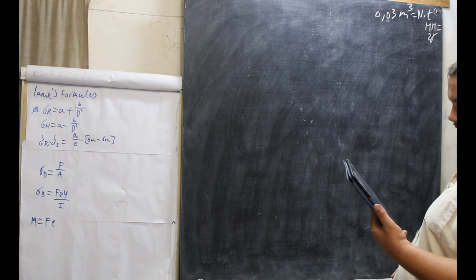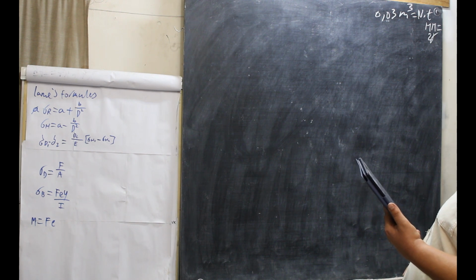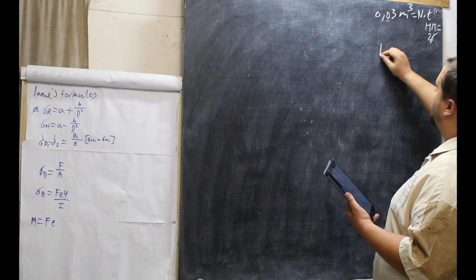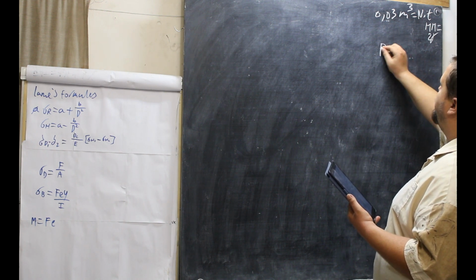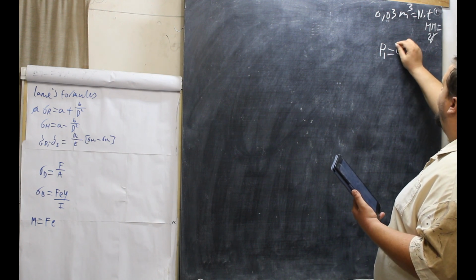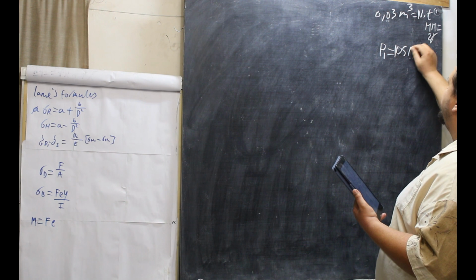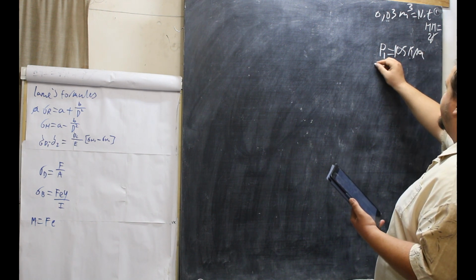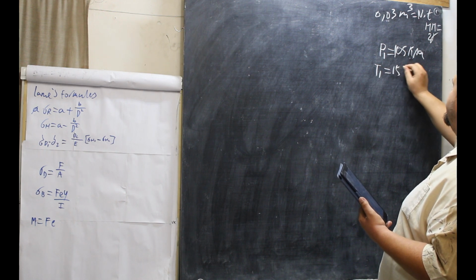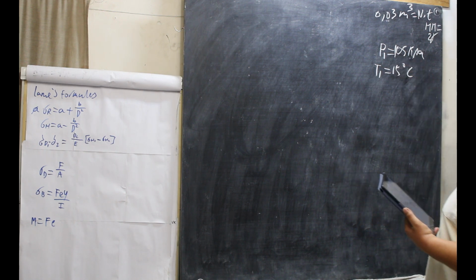Contained in a cylinder behind a piston is initially at pressure P1 is 105 kPa at T1, which is 15 degrees Celsius.